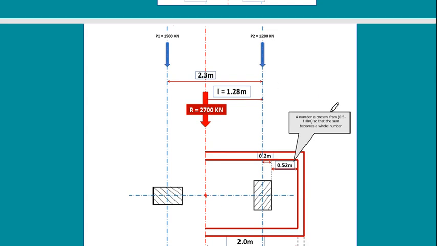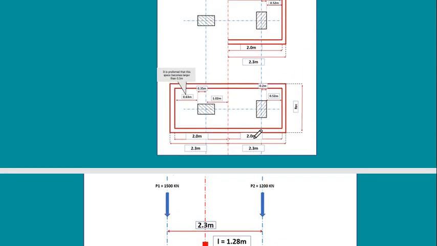But if I take it 50, I will not get a round number for the total of the footing. My footing should be a round number. It should be a multiplication of 10 centimeters. So in this case, if I take it 0.52 meter, 52 centimeters, the summation will be okay.